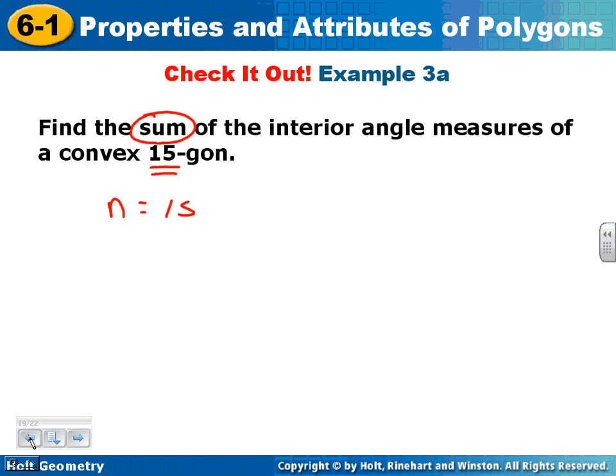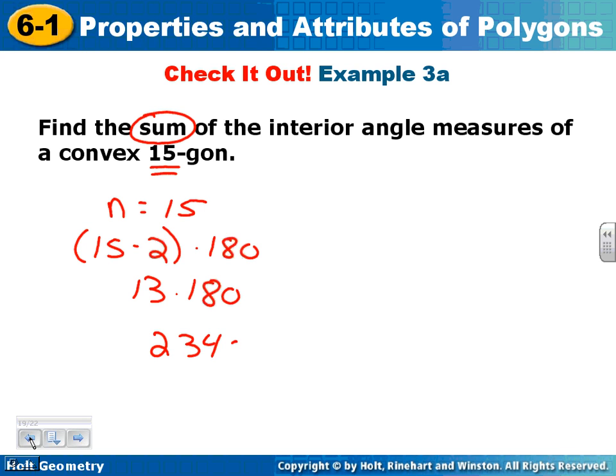N is 15, so my formula is 15 minus 2 times 180, which is 13 times 180. Calculator, 13 times 180 gives me 2,340. Okay, that's the sum of all 15 angles. I don't divide by 15 on that one.